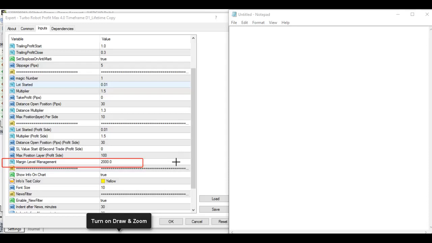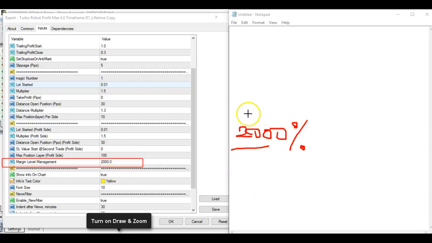Margin level management is a very good function for this robot, because it controls the robot when I'm losing, or when the margin level of my account is lower than 2000%, then I will not open any trades, and I will wait for the market to reverse back. Okay, so let's say you are on 2000%, so that is your value over here. This is a percentage on your account versus your open trades. All right, so you can change this value, you can change the settings.